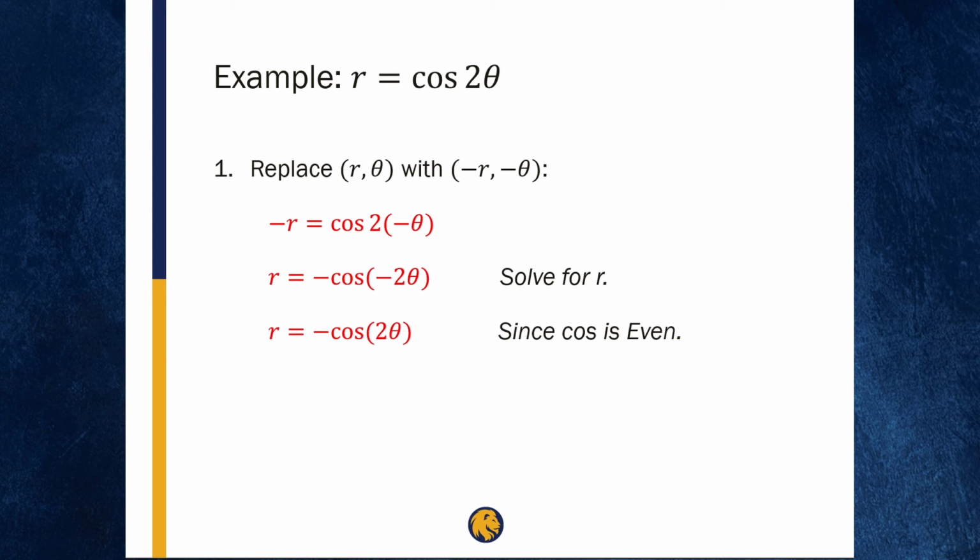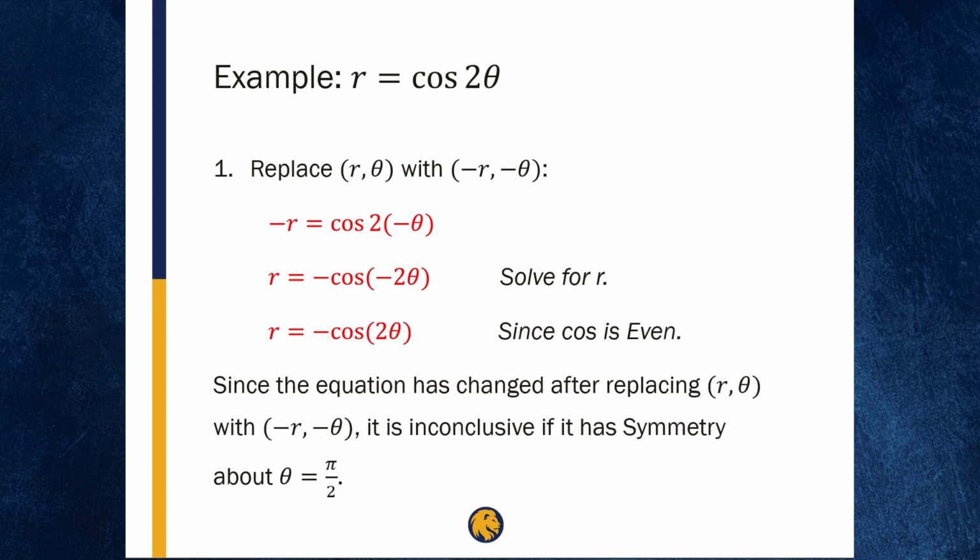But because cosine is still even, we can take that negative 2 theta and make it positive 2 theta. So r equals negative cosine of 2 theta. This, however, is not the same equation with these two variables changed. So after replacing r comma theta with negative r comma negative theta, the equation changed, and so we say it's inconclusive if the graph will actually have symmetry about theta equals pi over 2.